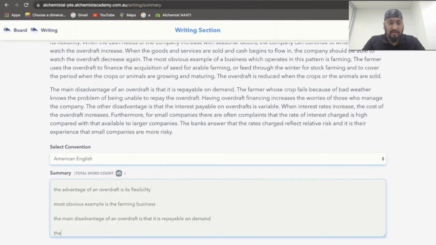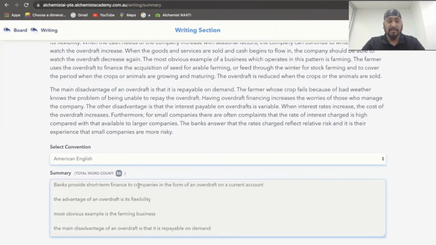And the other disadvantage is that the interest on overdrafts is variable. Okay, let's put a full stop here. Sorry, my bad, variable. Now if you look at this, I have a total of 56 words.